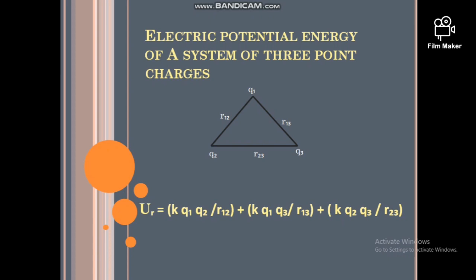Then the electric potential energy of this system at any point r is potential energy 1 plus potential energy 2 plus potential energy 3. The total potential energy between these three point charges is K Q1 Q2 over r12 plus K Q1 Q3 over r13 plus K Q2 Q3 over r23.